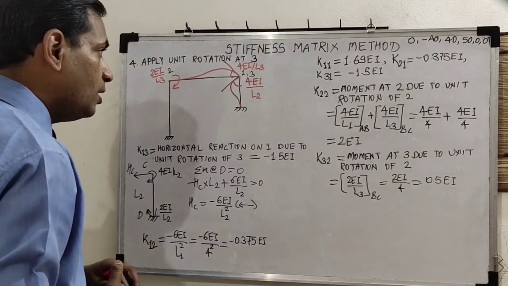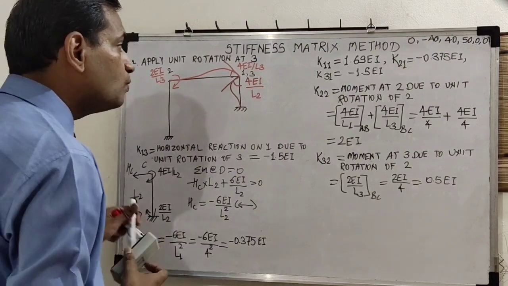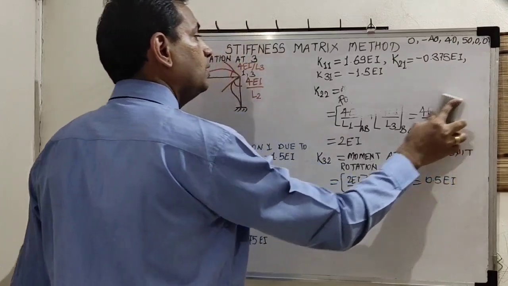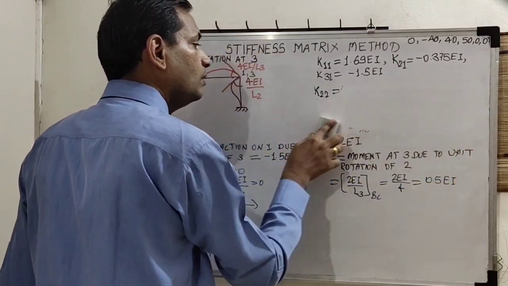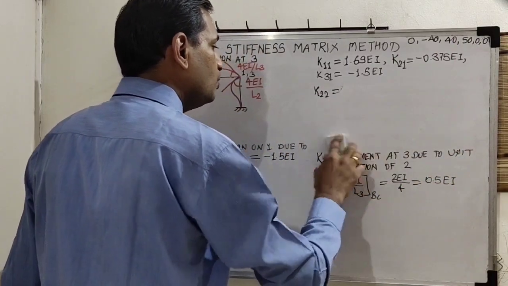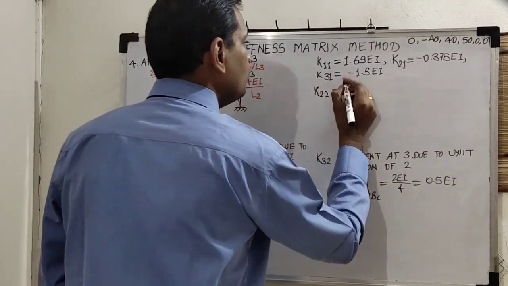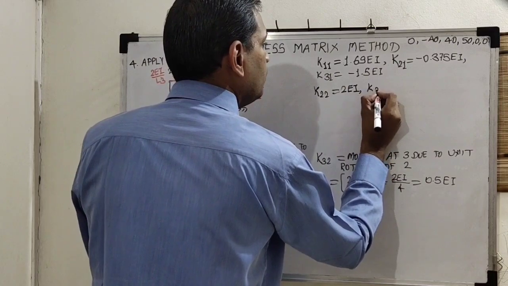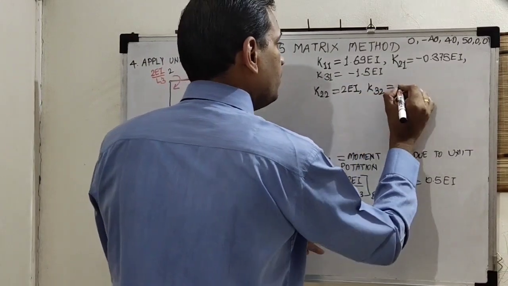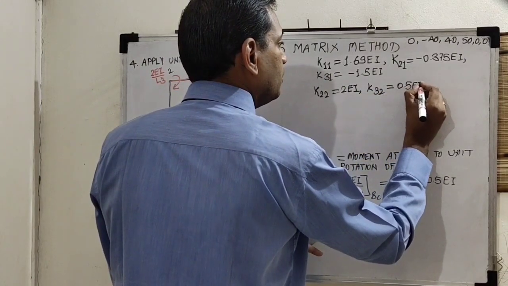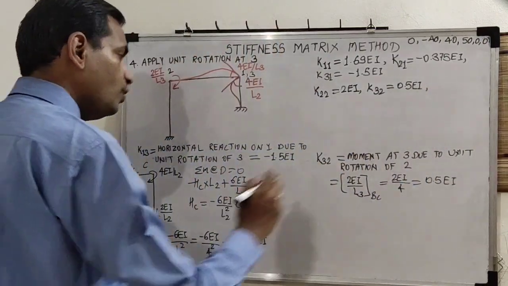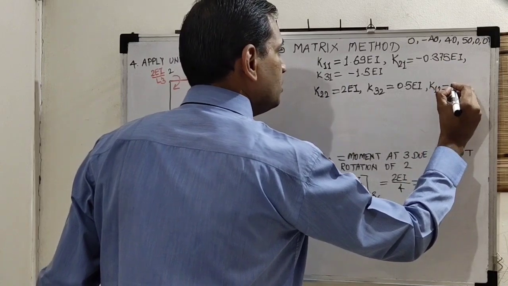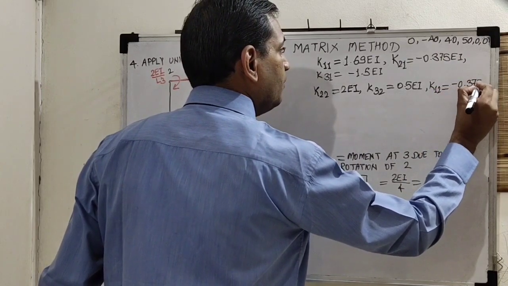I again need some space, so I will rub this. So K22 is 2 EI, K32 is 0.5 EI, and K12 is minus 0.375 EI.